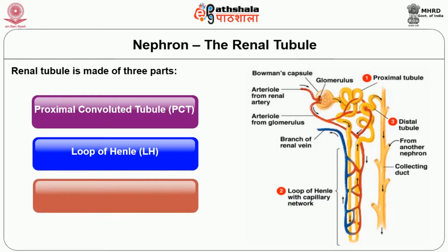The last portion is the distal convoluted tubule or DCT. The proximal, distal and the collecting tubules are located within the renal cortex, while the loop of Henle is within the medulla. The first part of the collecting tubule is within the renal cortex, while the later part is in the renal medulla. Now, let us deal with each one of the parts one after another.